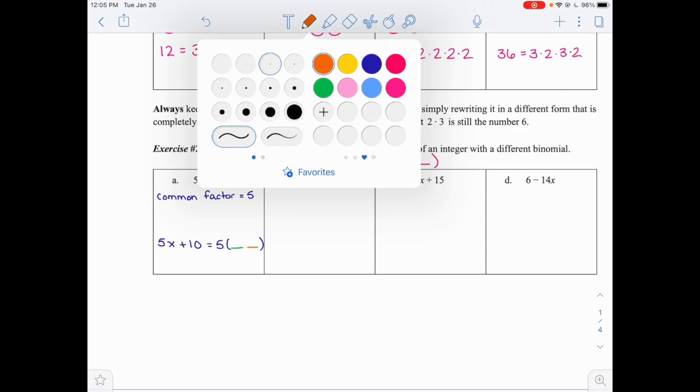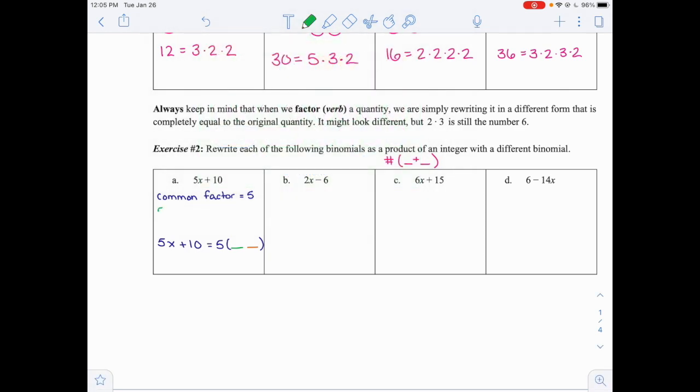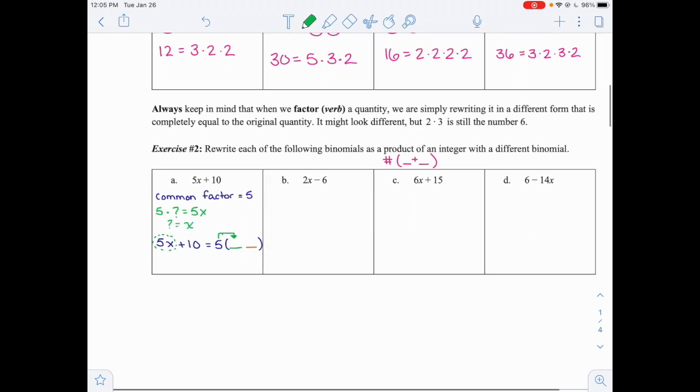So the way we figure that out is we say the common factor times something has to get me back to the first term, right? That's the goal here. We want this to be the product of 5 times whatever here. So 5 times what is 5x? 5 times x is 5x. And then we do the same for the second term, because we want what's here to be the product of 5 and this.